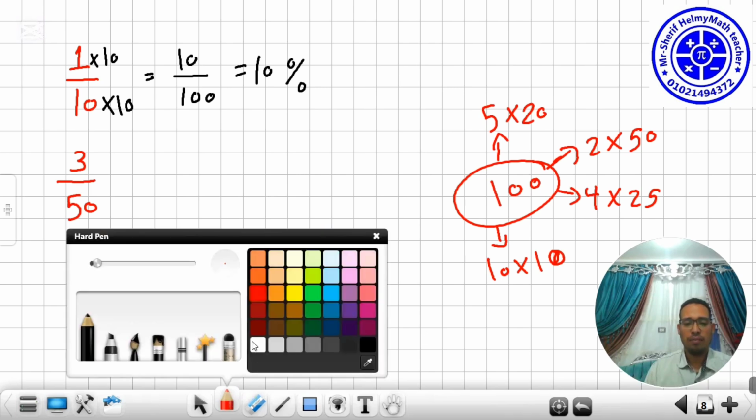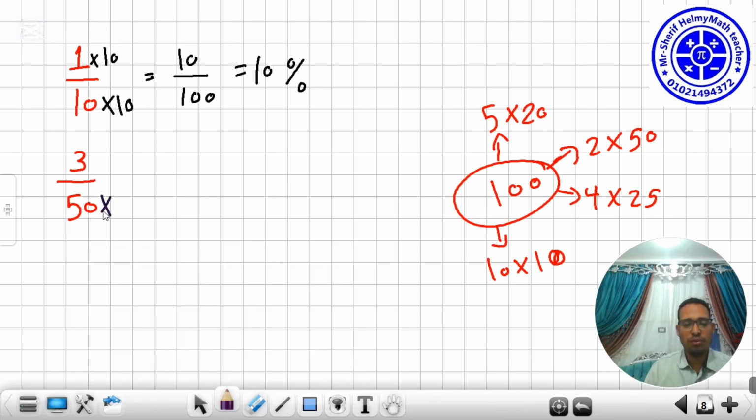Okay, here times what to be 100? Times 2. Here times 2, so it will be 6 over 100. 6 over 100 will be 6%.